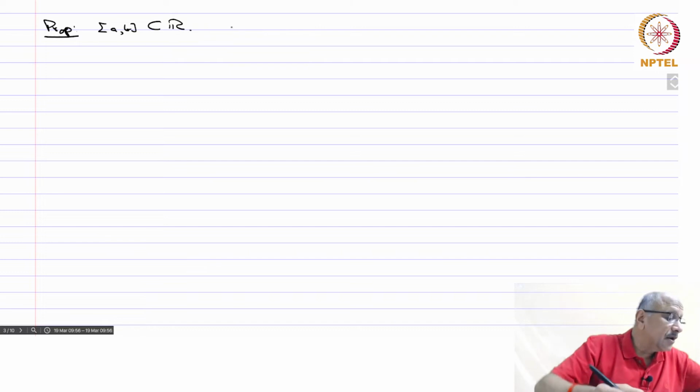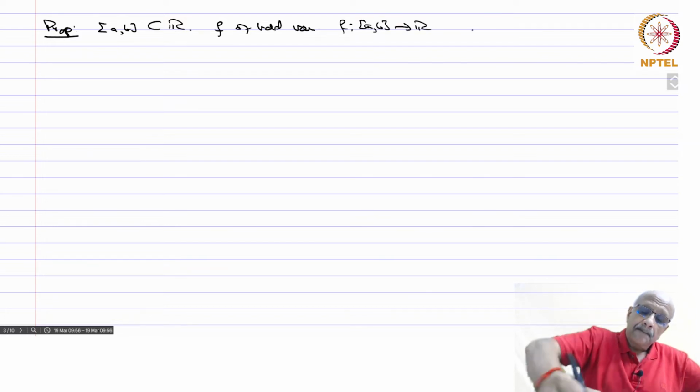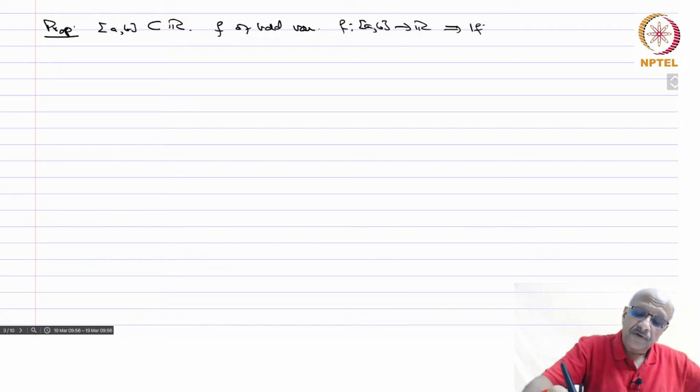Next proposition: [a, b] a finite interval in R and f: [a, b] → R of bounded variation implies |f| is of bounded variation.